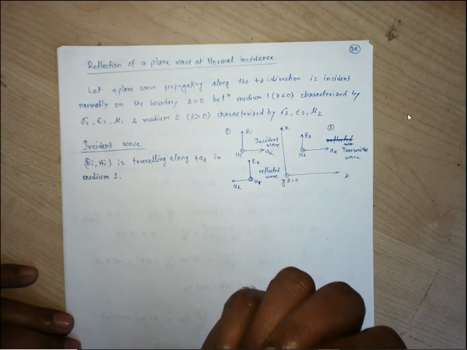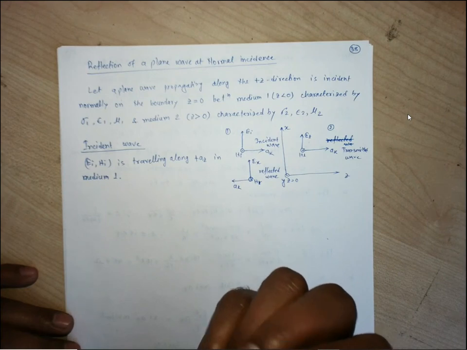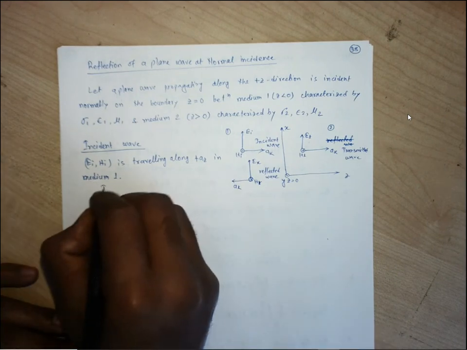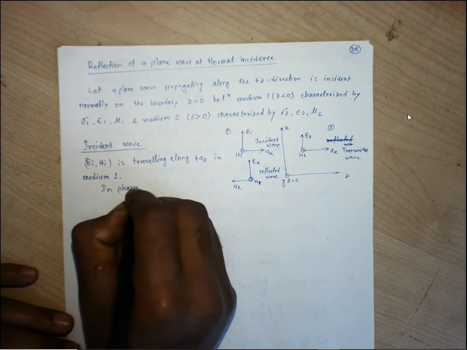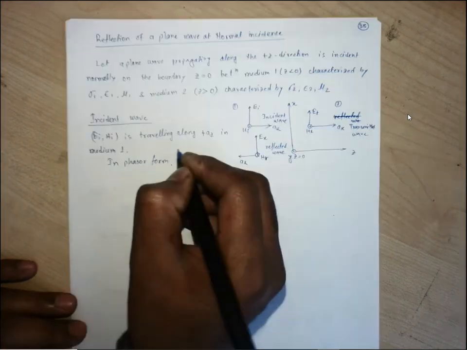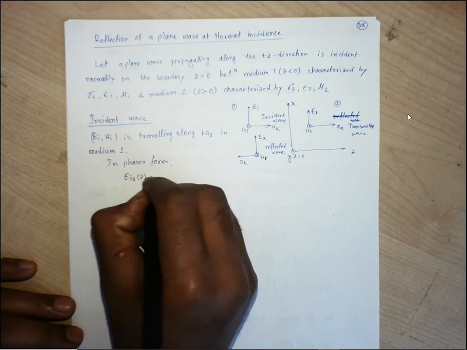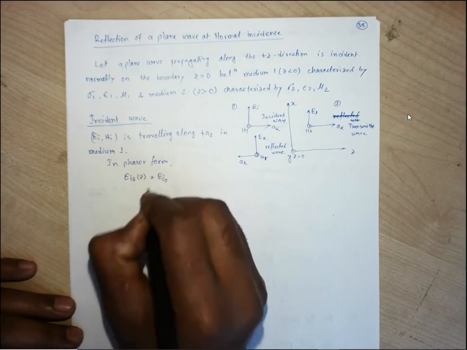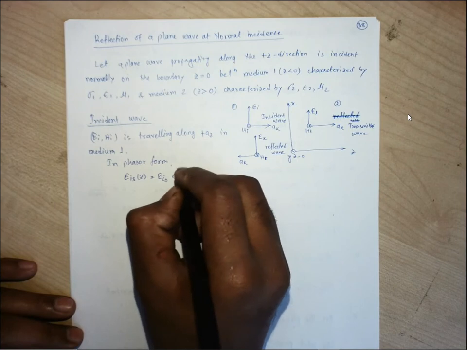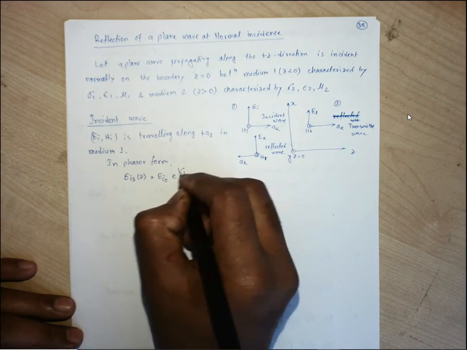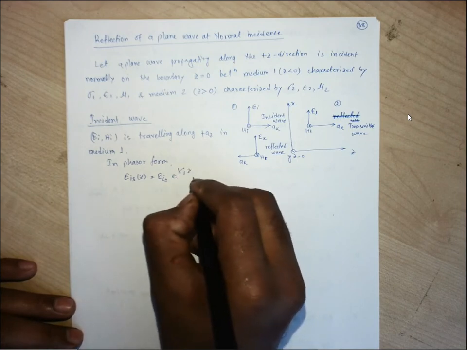If we suppress the time factor, e to the power j omega t, we can write it in phasor form. The incident part EIS(z) equals EI0 e to the power minus gamma 1 z along ax.